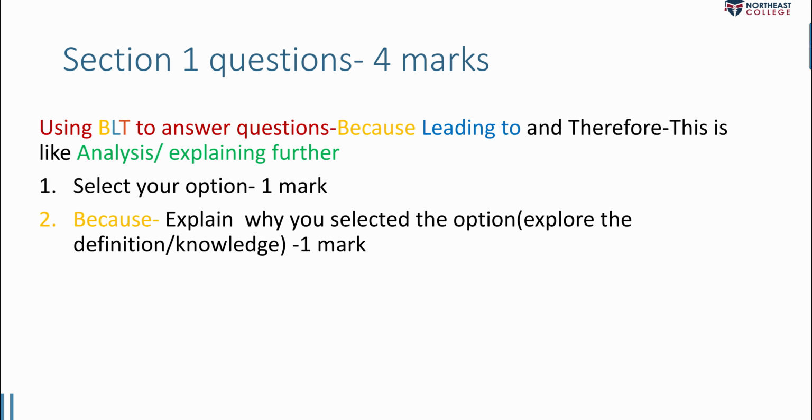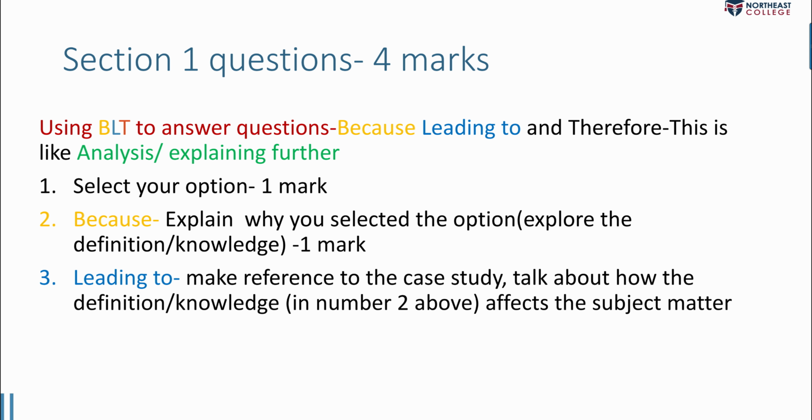Then the next question will be to explain further, and this is where you now apply the BLT because you're explaining why you selected the option in 1. And usually the option in 1, you probably want to define it. For instance, if your answer is demand, maybe you want to explain further what demand is. That is what the first mark will give you.